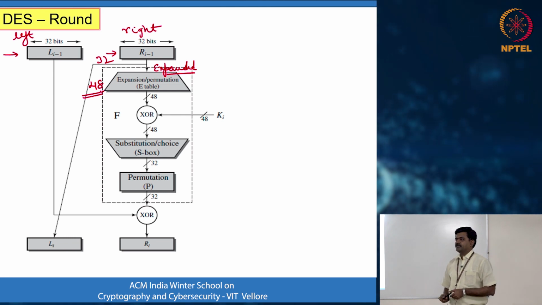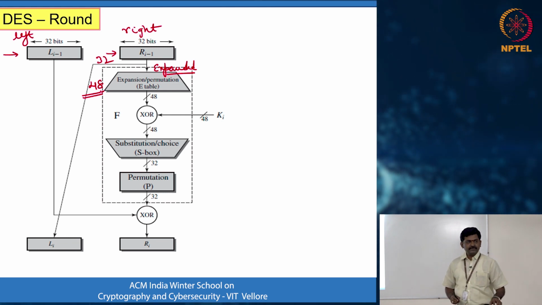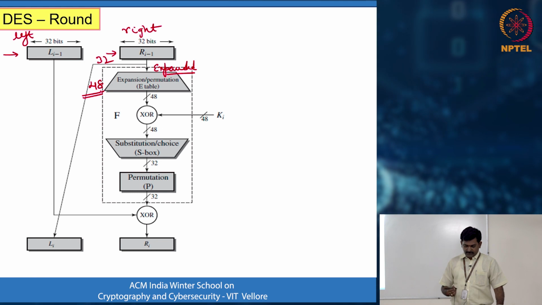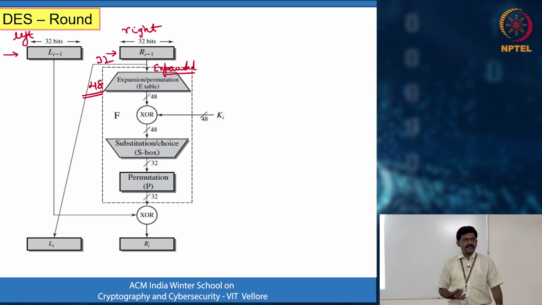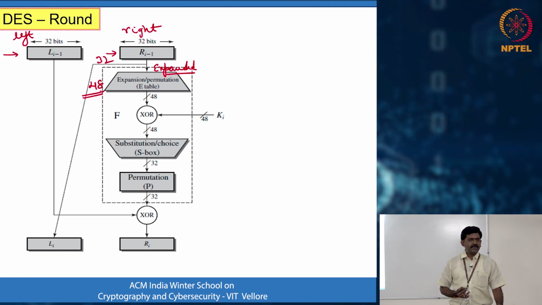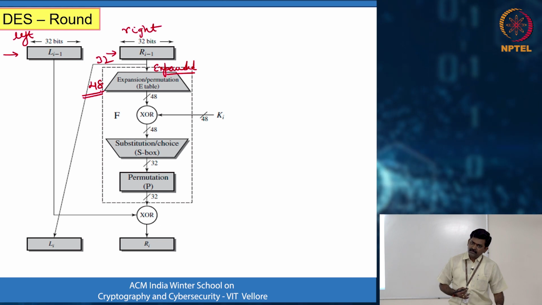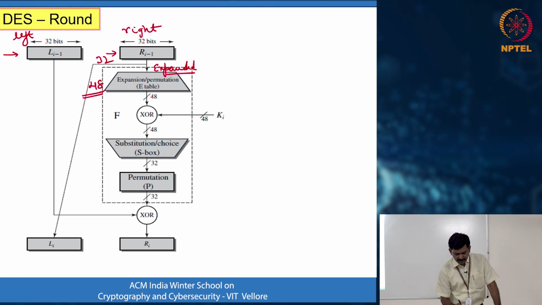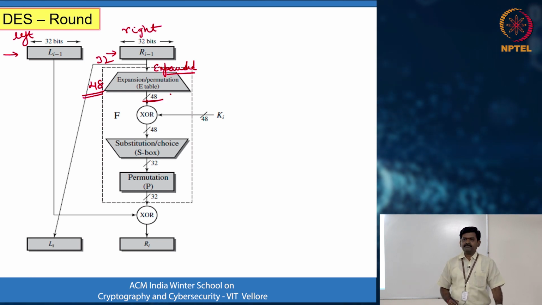For that purpose, you depend on a P box, a permutation operation. Expansion. How do you expand? Using an expansion P box, and you get 48 bits.